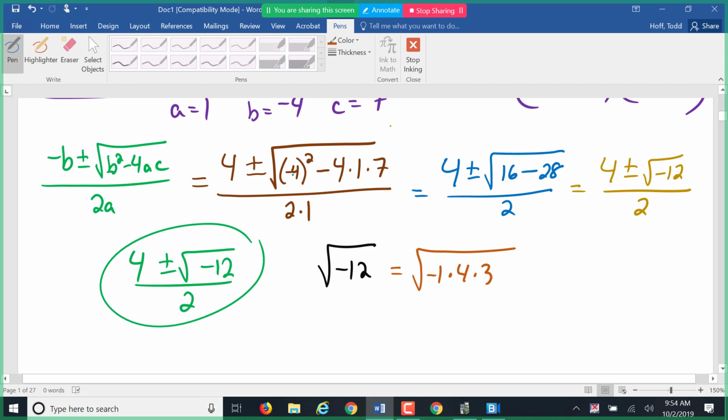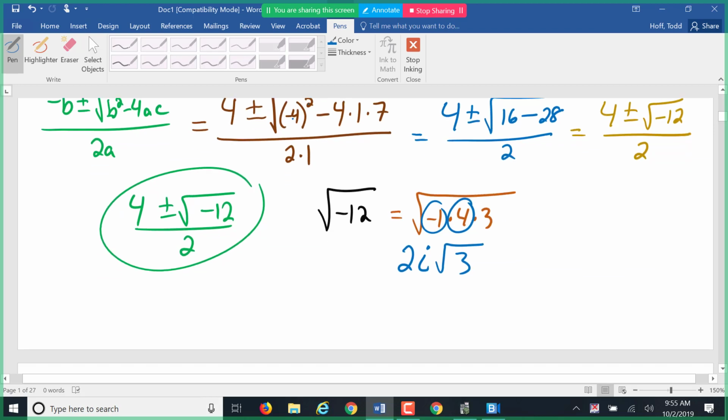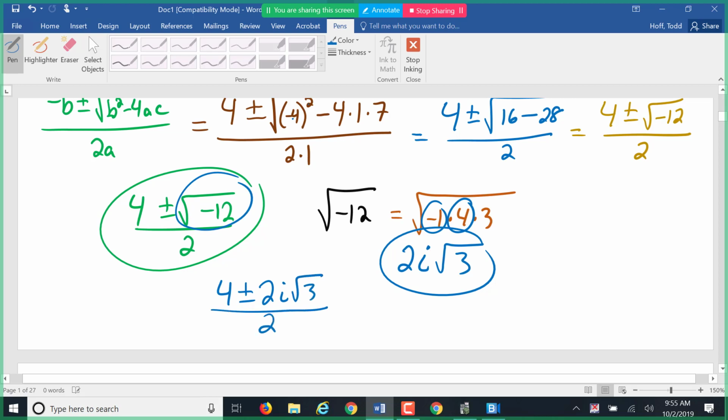Why did I do that? Well, because the square root of negative 1 is i. The square root of 4 is 2. I'll be left with the square root of 3. Can't do anything with that. So I'm going to put that back in for the square root of negative 12. So I have 4 plus or minus 2 times i times the square root of 3 over 2.